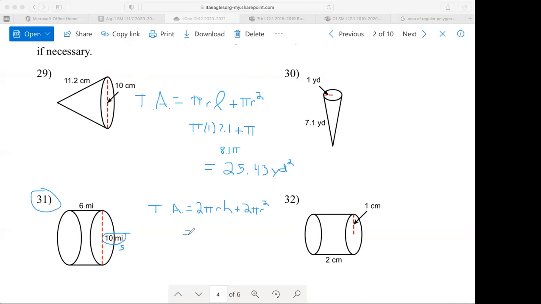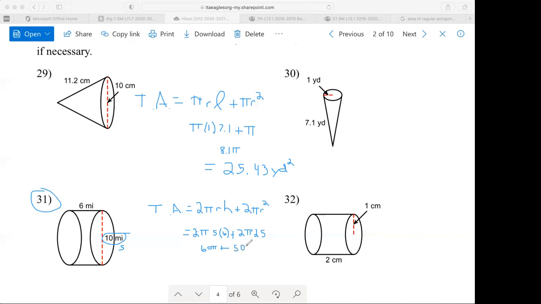So total area, this is going to be a longer calculation. 2 times pi times the radius, 5, times the height, 6. If the numbers were friendly like that, I might do it in my head. 5 times 6 is 30, times 2 is 60, so 60 pi, plus double 25 would be 50 pi. 60 plus 50 is 110.